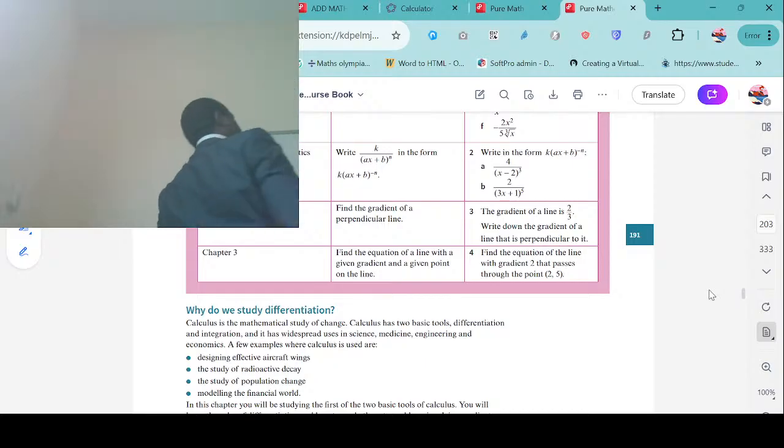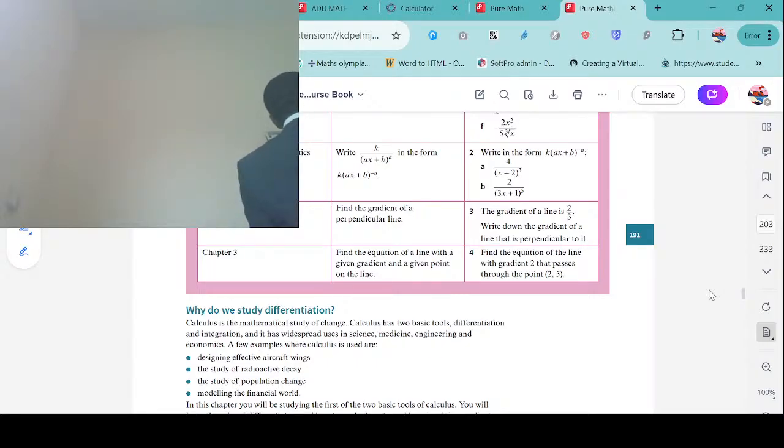Now, if you're asked to find the gradient of a graph at a particular point, let's say the point is somewhere here, what we usually do is draw a tangent. The tangent is the straight line that touches the curve at just that point. Okay? So this is the tangent.